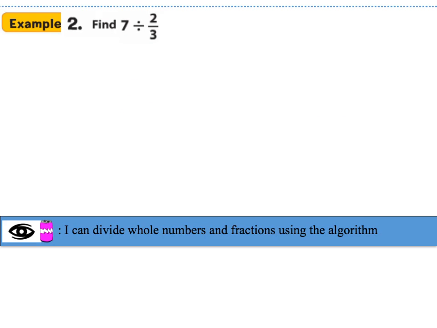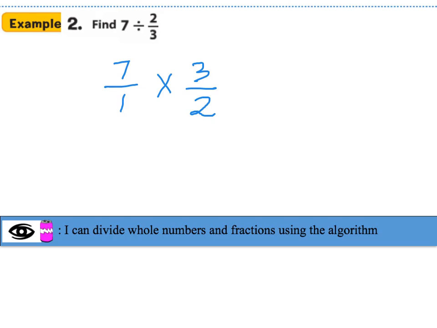Example 2. We are going to find 7 divided by 2/3. Let's change 7 whole into an improper fraction, which will give us 7 over 1. Change division into multiplication, and the reciprocal of 2/3 would be 3/2.